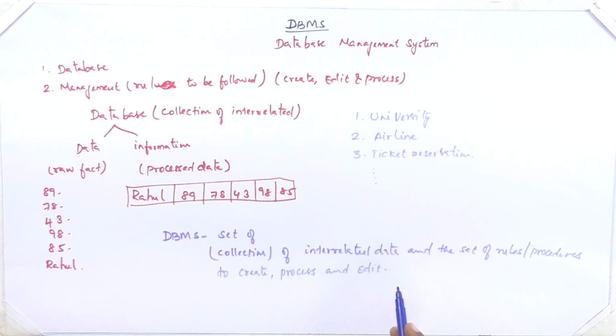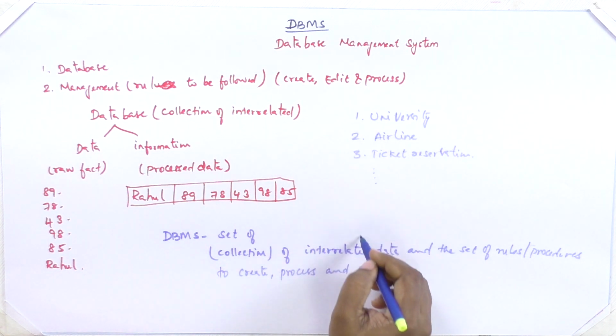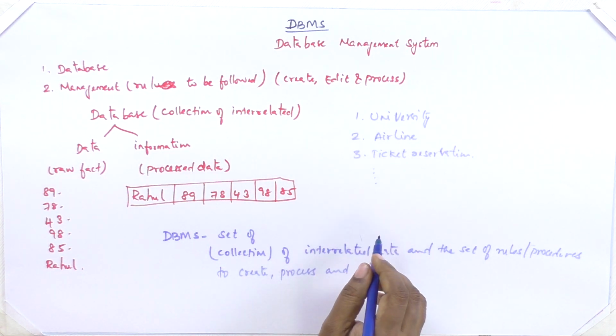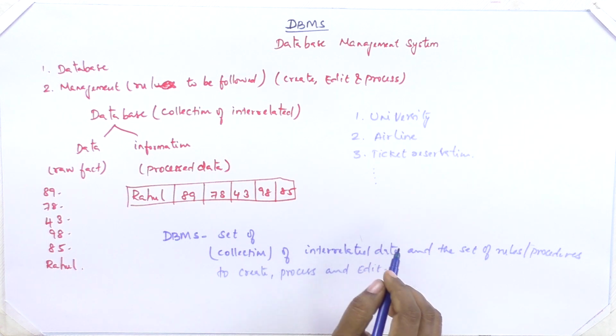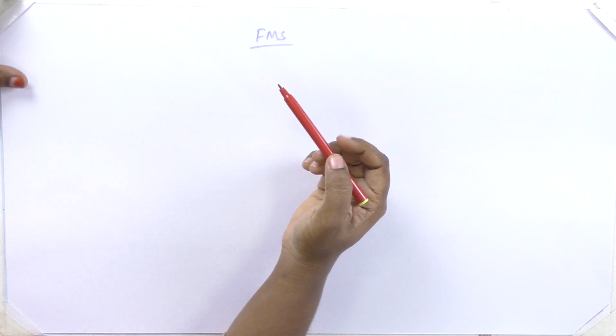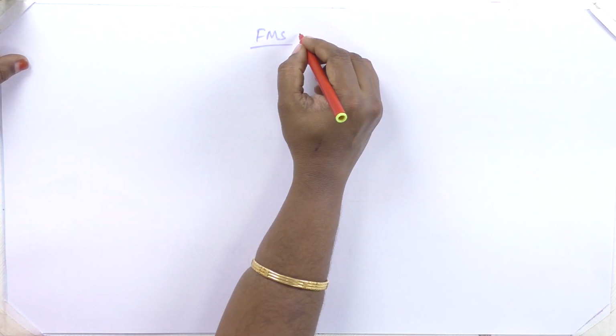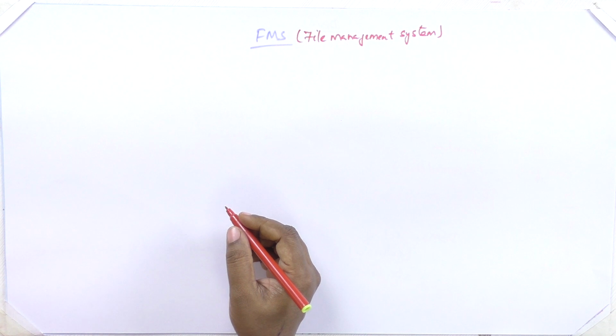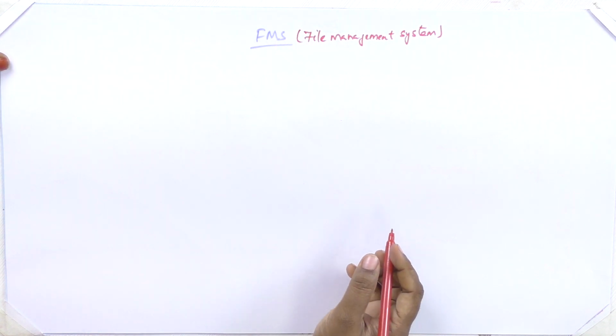But initially there was no database management system. Instead of that, we followed the file management system, called FMS. FMS stands for file management system. When we say file management system, the file system is created for a purpose and it is stored in a place.